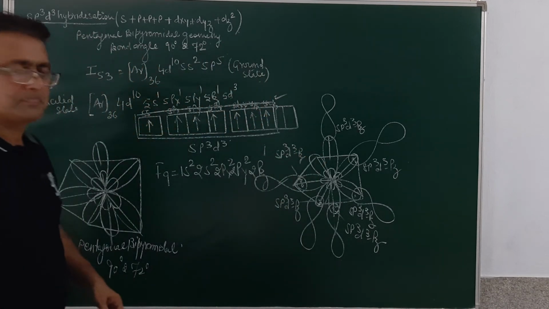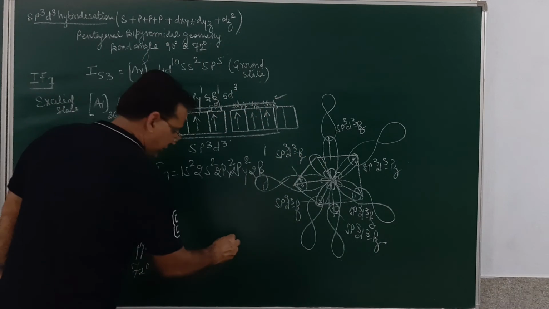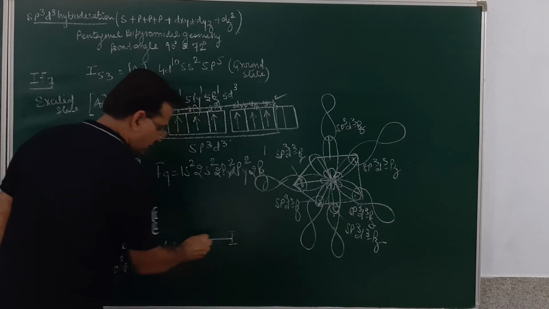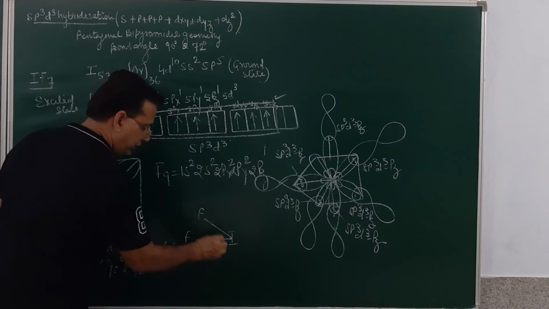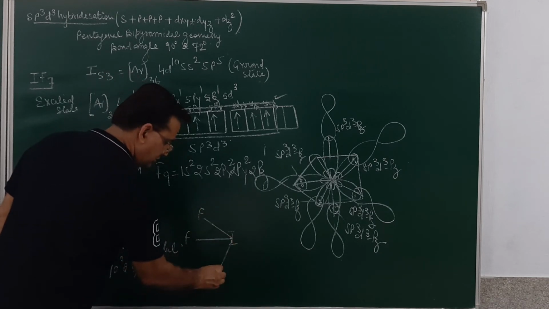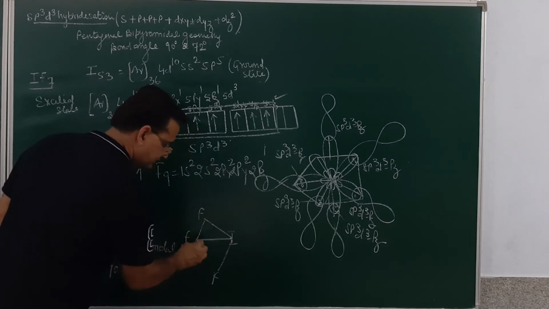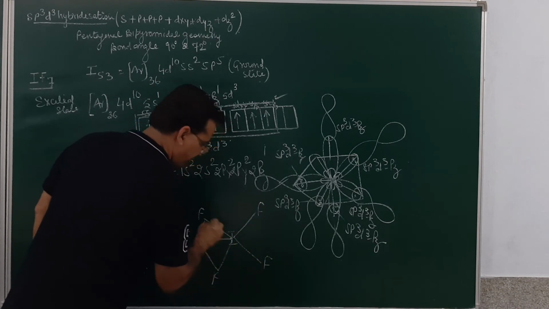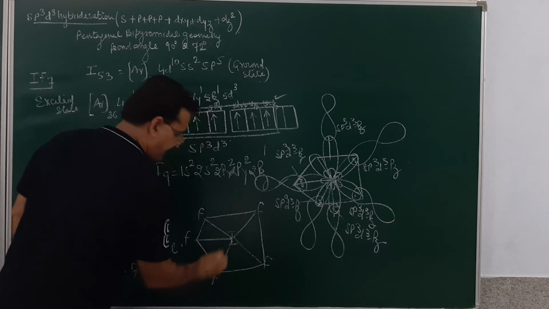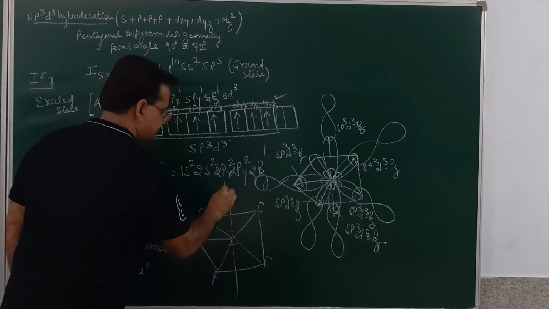Is it getting clear? This is the iodine atom. This is fluorine, this is fluorine, a fluorine and a fluorine, and then a fluorine.